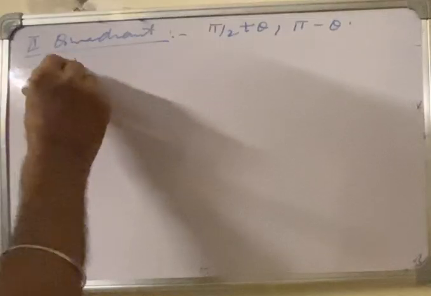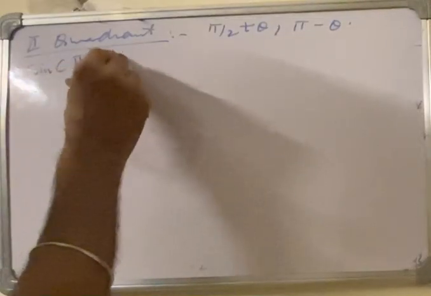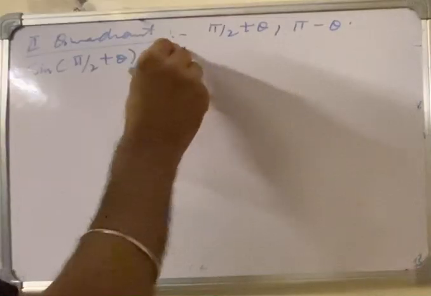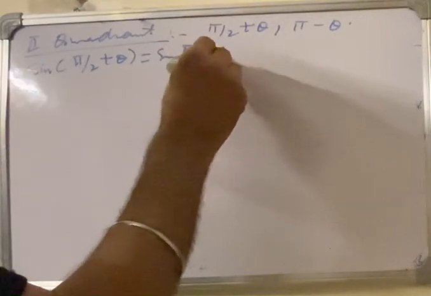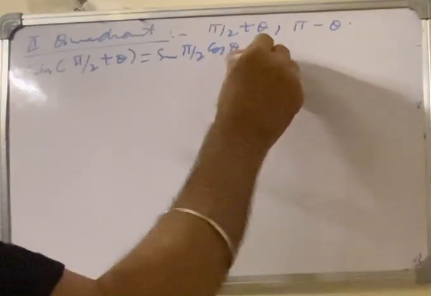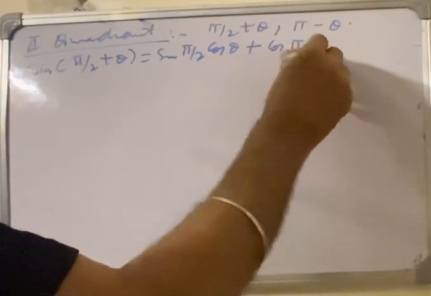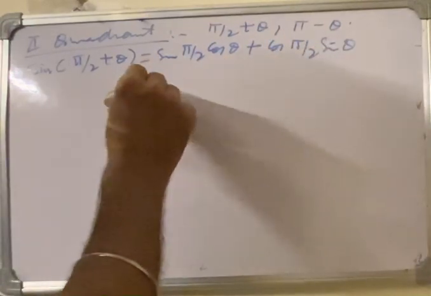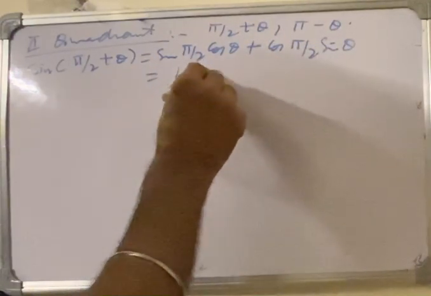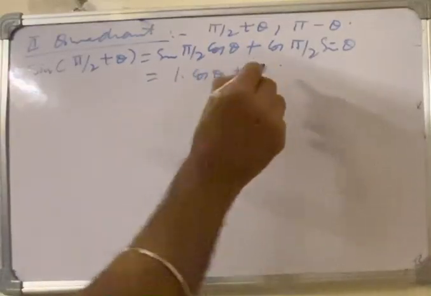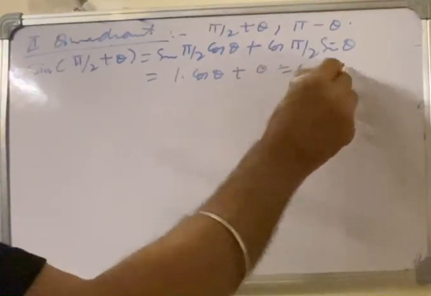Sine of pi by 2 plus theta is equal to sine pi by 2 cos theta plus cos pi by 2 sine theta. Sine pi by 2 is 1 into cos theta plus 0, is equal to cos theta.